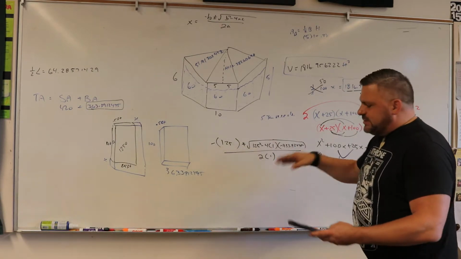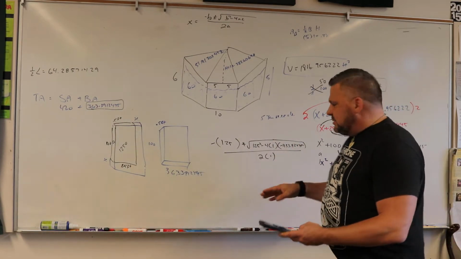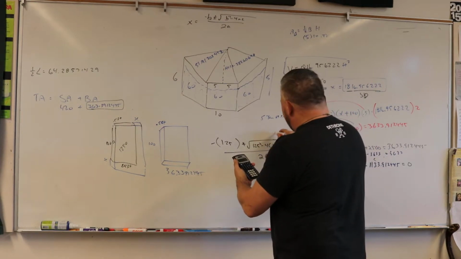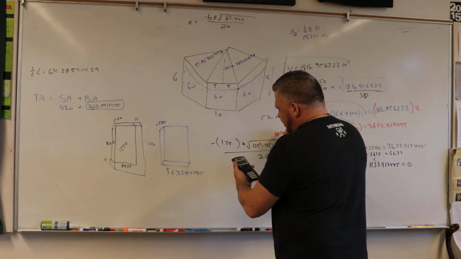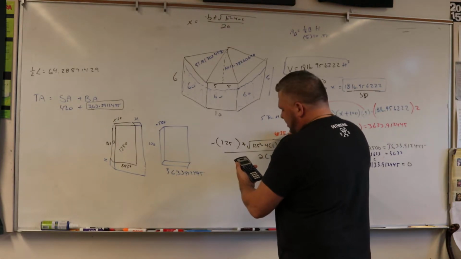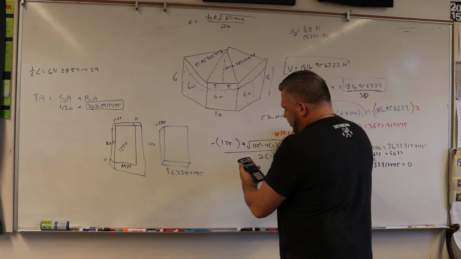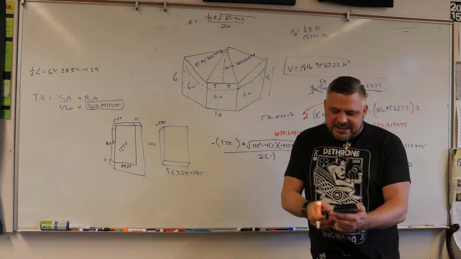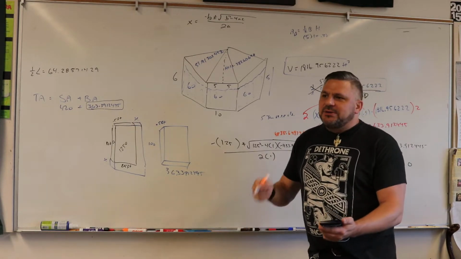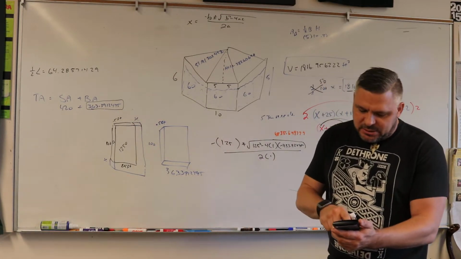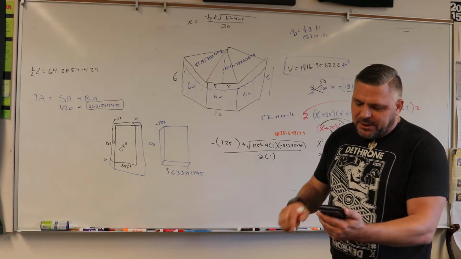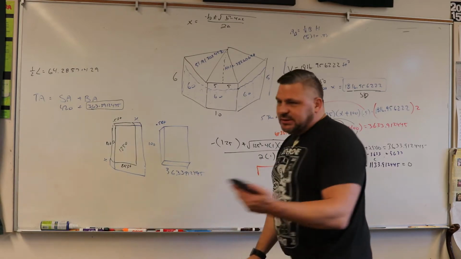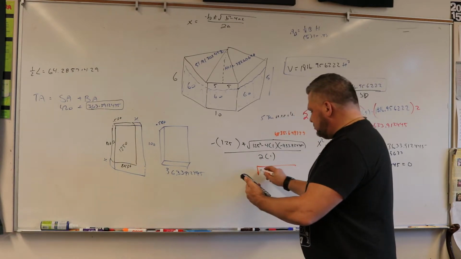Now all I have to do is add that number that I just got, which is 4,535.649779, right? And all I have to do is add that to 125 squared, right? I just go 125 squared. Boom.